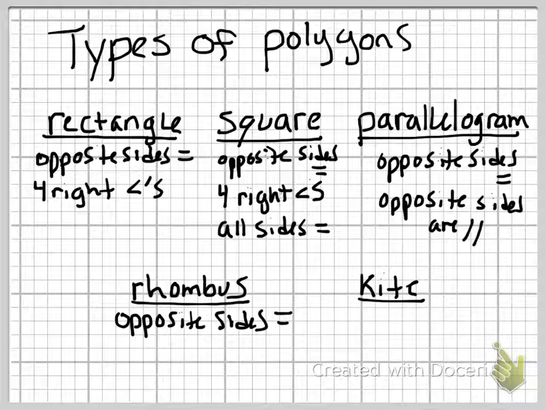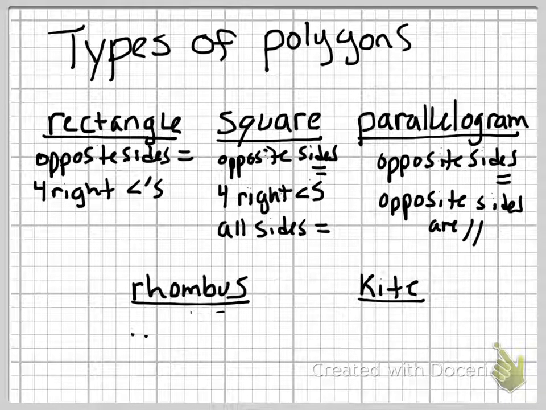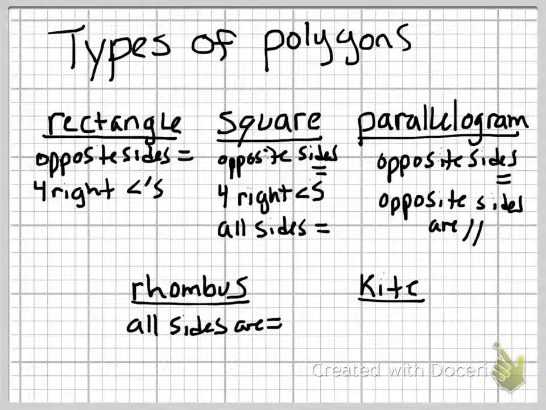Actually, let me change that up a little bit, because the distinguishing factor with the rhombus is all your sides are equal. Now, the only difference between a square and a rhombus is a square has the 4 right angles, where a rhombus does not. All the other properties are the same. The main special thing is that all the sides are the same, just no right angles.